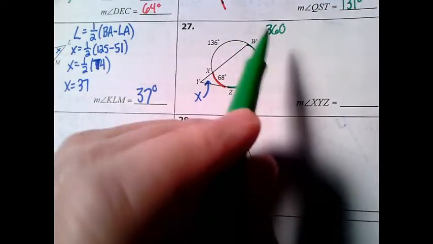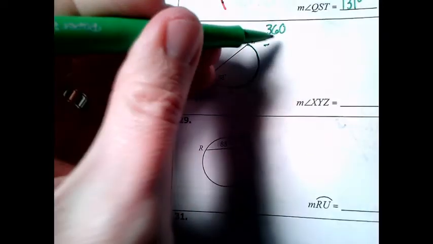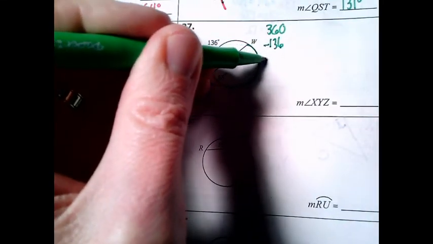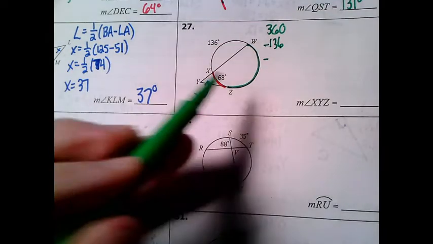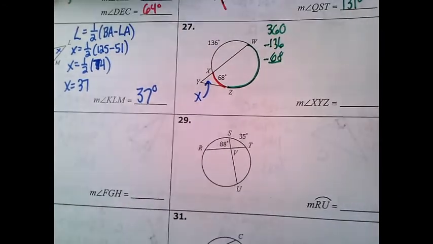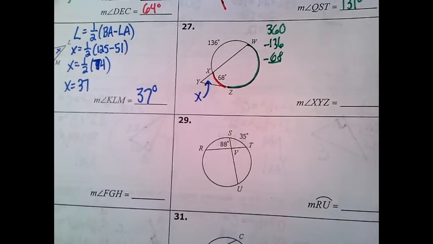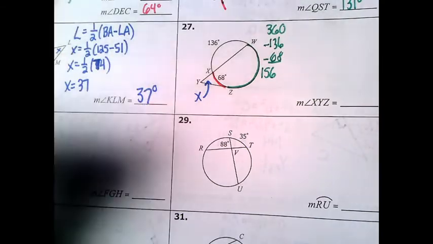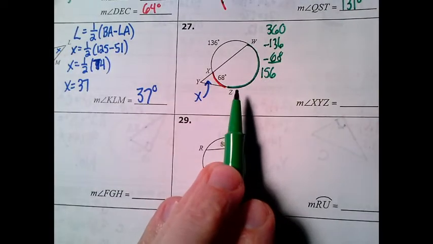And I can subtract out the 136. And I can subtract out the 68. When I subtract those out, I get 156. So that means this green part's 156.